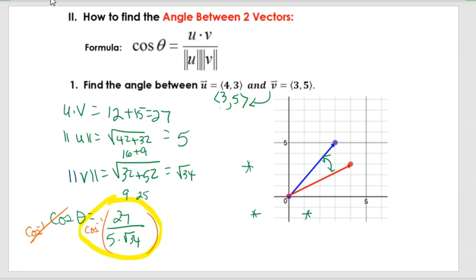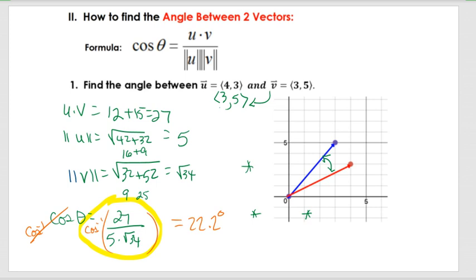Let me make sure I've got it all. Double close parentheses. Sorry, it takes me a minute on this calculator. 22.2. There we go. And we're done.